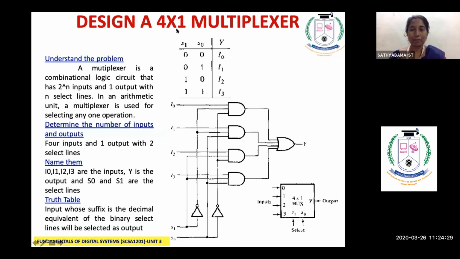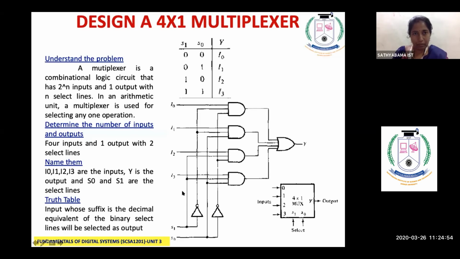You cannot compare a 4x1 multiplexer with a 3x8 decoder and say the input line and output line are different. No. I want you to compare a 4x1 multiplexer with a 2x4 decoder. So you can compare it and you will find something is missing, something is connected together, and all that you can do. Okay, fine.